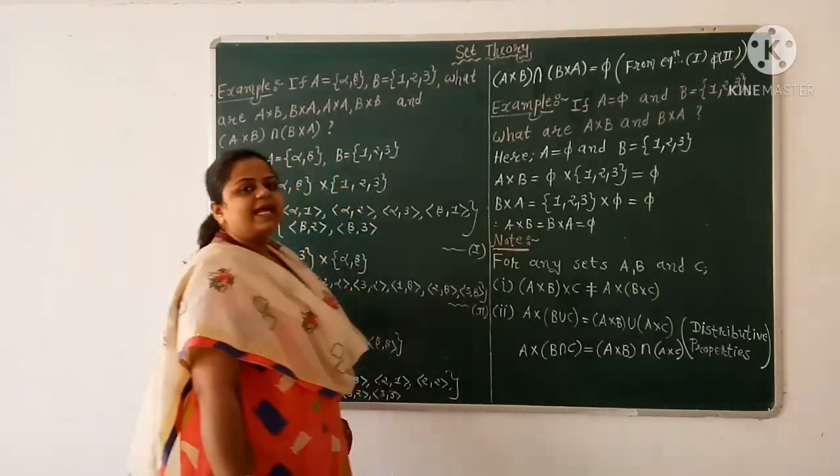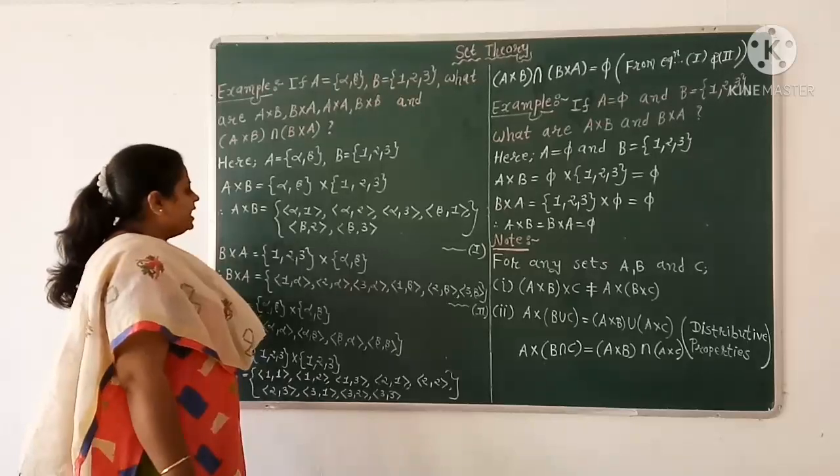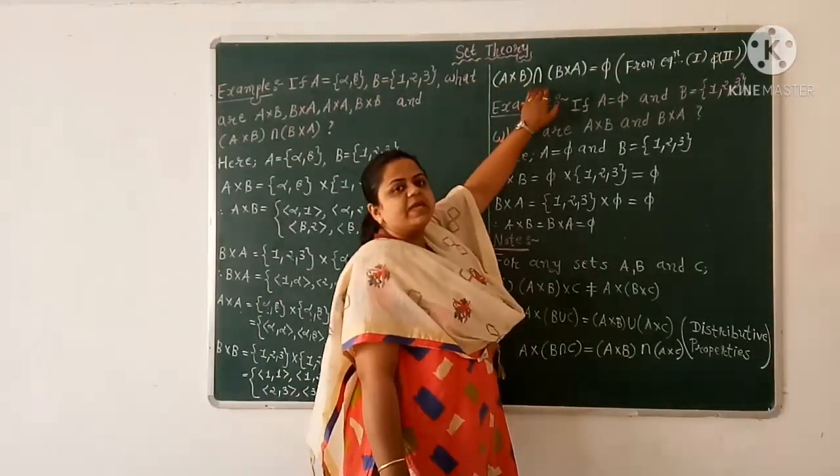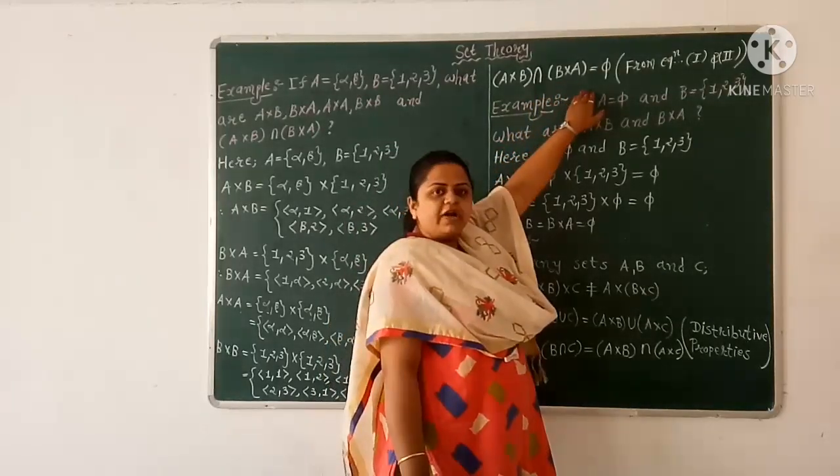So there is no common element between A cross B and B cross A. So we have A cross B intersection B cross A is equal to the empty set.